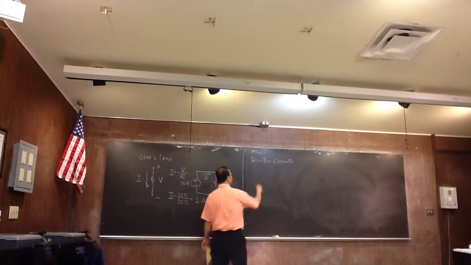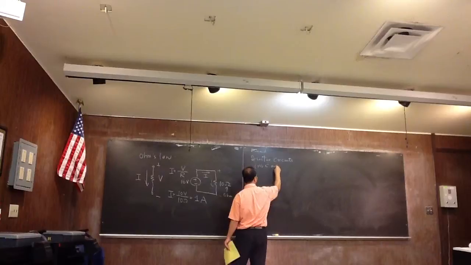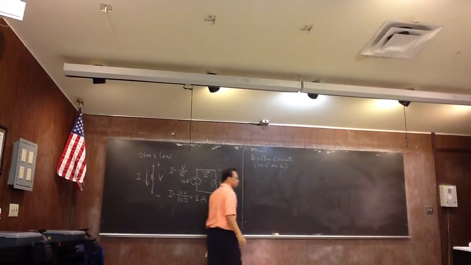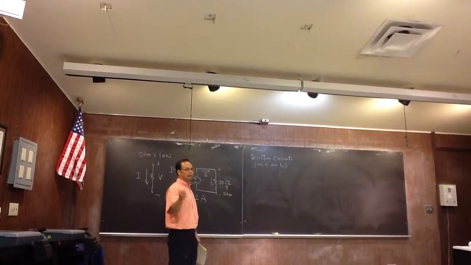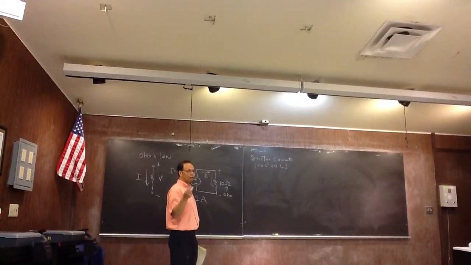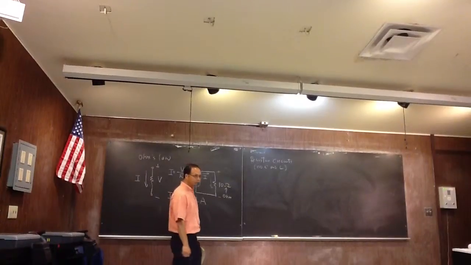There's no capacitor, and there's no inductor. So that's the beginning of the chapters. Basically, we're talking about chapter 1 to chapter 4. All these chapters cover resistive circuits.